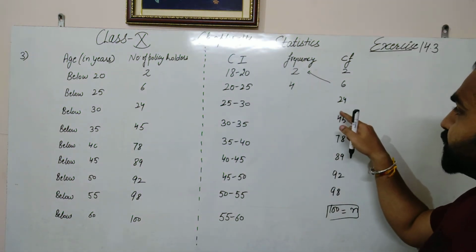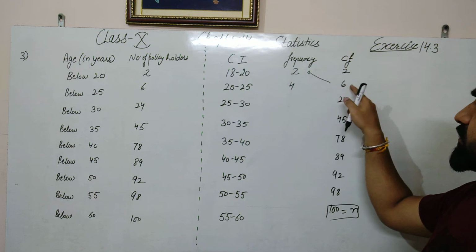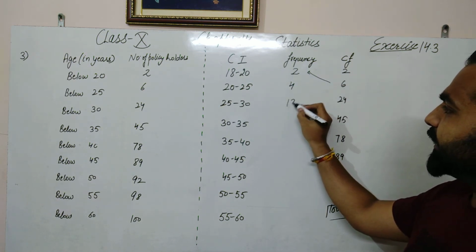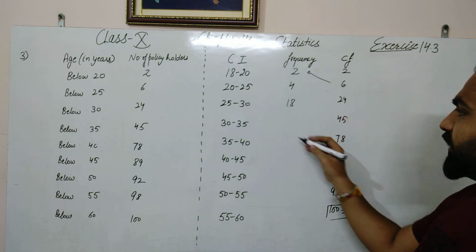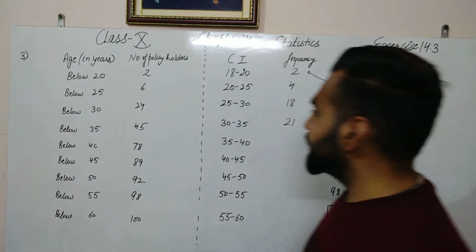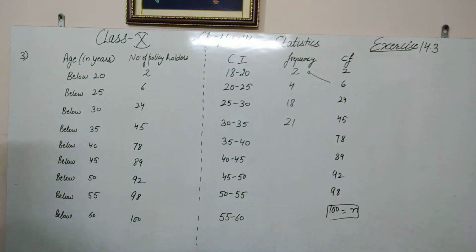Next will be 6 minus 2, 4. Next will be 24 minus 6, that is 18. 45 minus 24 will be equal to 21, and in this way we will calculate the rest of the values.